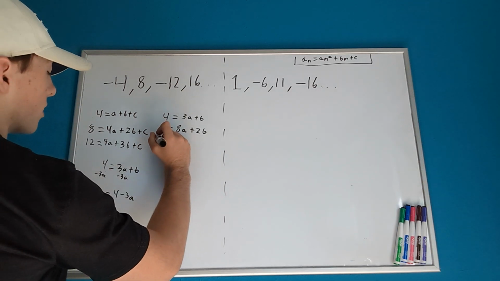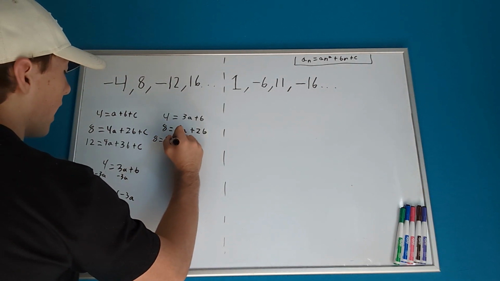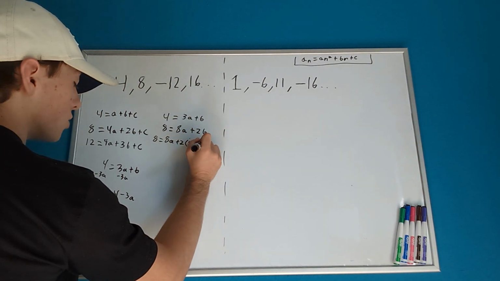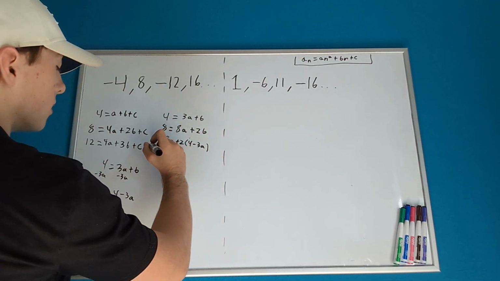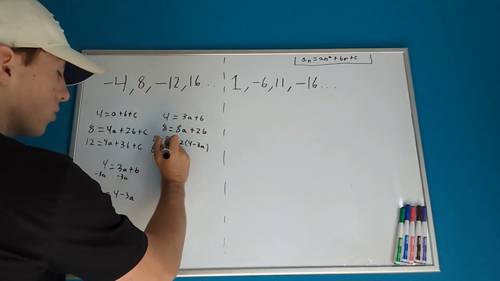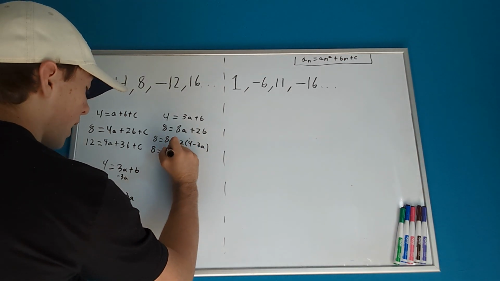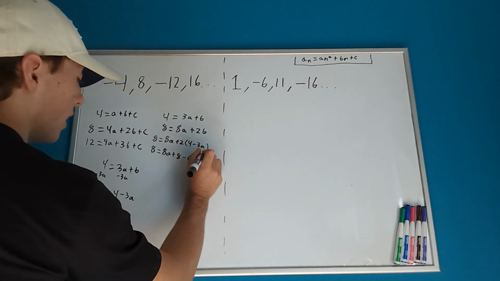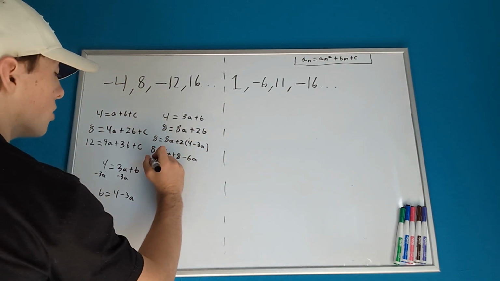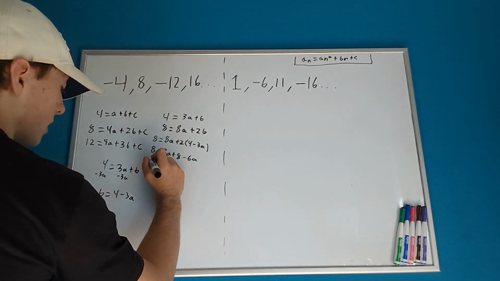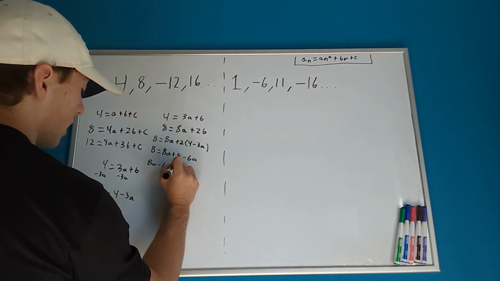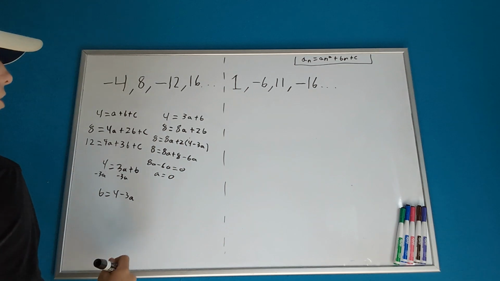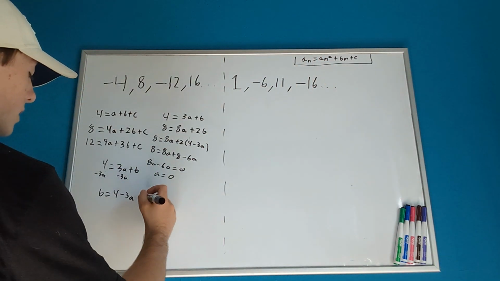Let's go back up here and plug that in. So 8 equals 8a plus 2 times b, and remember, b equals 4 minus 3a. So 8 equals 8a plus 8 minus 6a. If we subtract 8 from both sides, all we're going to end up with is 8a minus 6a equals 0, and we can just tell a equals 0. That means the first bit of our equation, a, is going to equal 0.